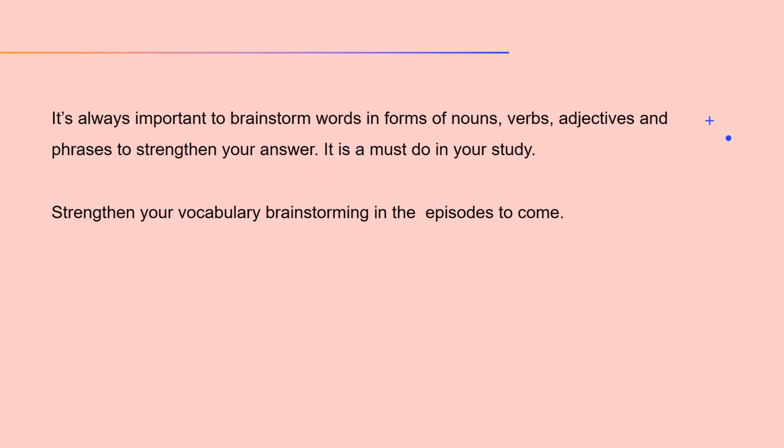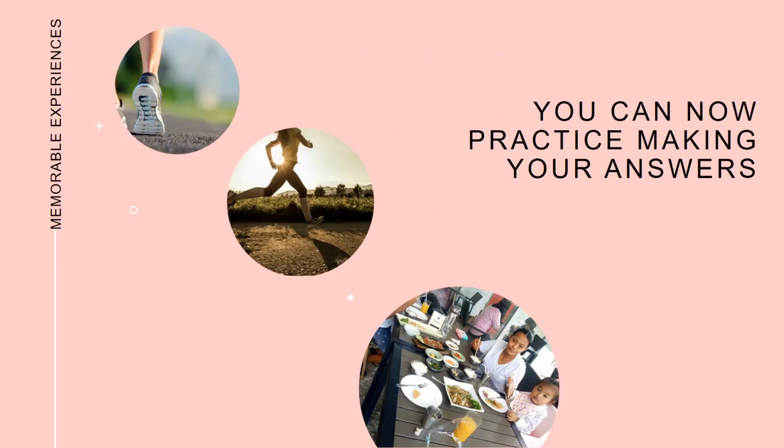It's always important to brainstorm words in forms of nouns, verbs, adjectives, and phrases to strengthen your answer. It is a must-do in your study. Strengthen your vocabulary brainstorming in the episodes to come. You can now practice making your own answers.